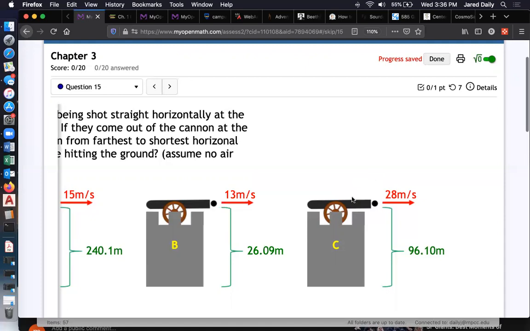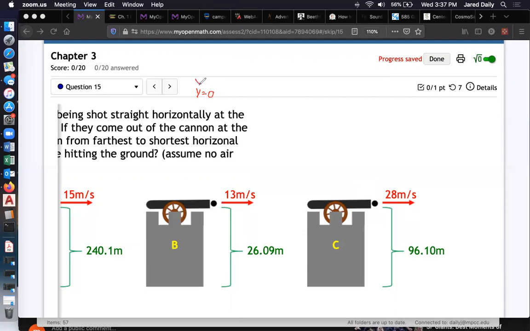Okay, so what we've got here, the things that we know in each problem is we know that we'll call the final height 0. So we'll say that y is equal to 0 at the end.